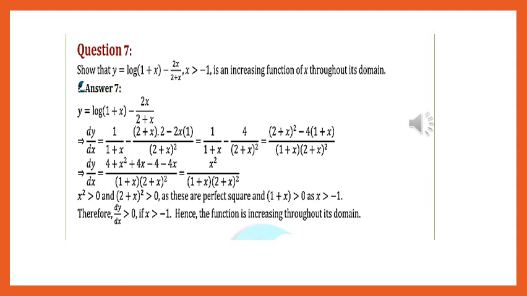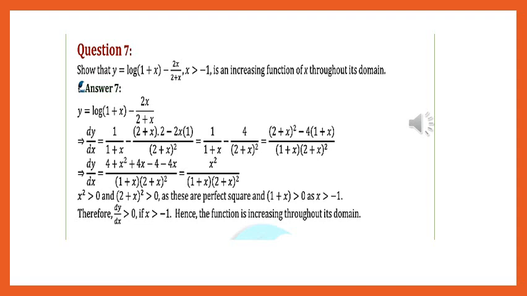We know in this one x square is greater than 0. 2 plus x the whole square is also greater than 0. These are perfect squares. And this 1 plus x is greater than 0 because the question says x is greater than minus 1. When x is greater than minus 1, x plus 1 is greater than 0.